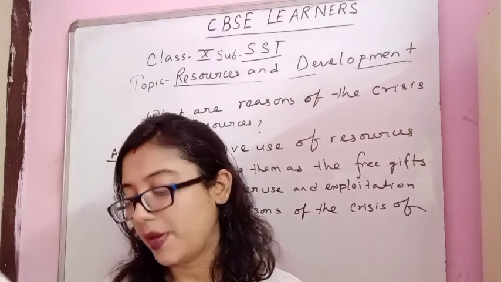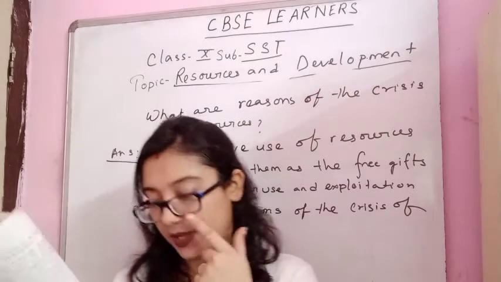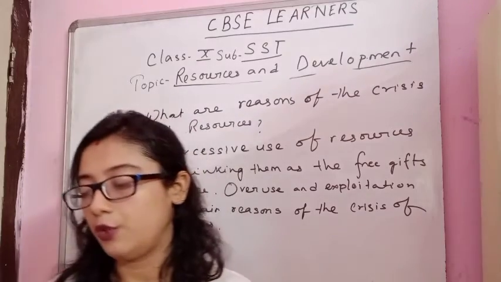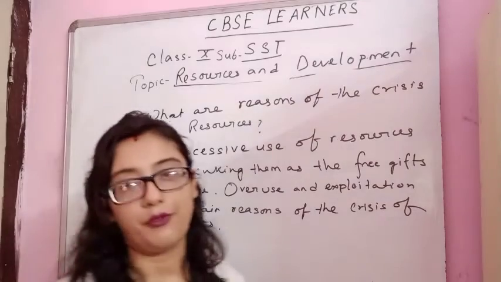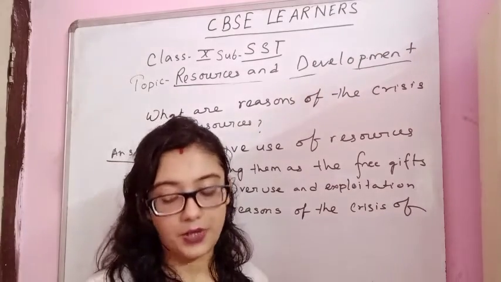Now, indiscriminate exploitation of resources has led to global ecological crises such as global warming, ozone layer depletion, environmental pollution and land degradation. So, what are the major problems humans are facing because of the depletion of resources?